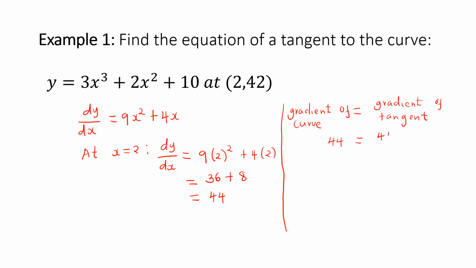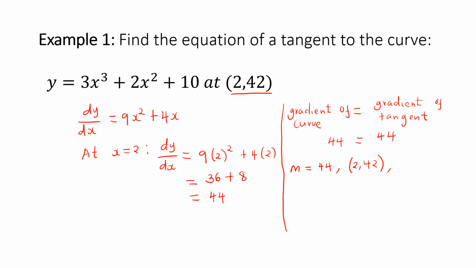So the gradient of the tangent will also be 44. It's important to note that the gradient of the tangent is 44 and that the tangent is a straight line, which is also passing through point 2, 42.